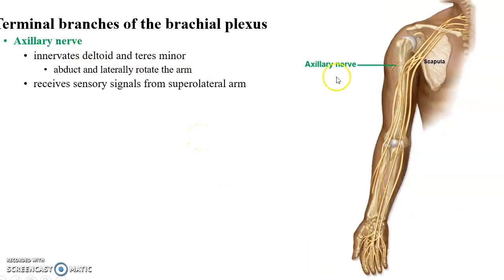So the axillary nerve arrives to the armpit area and then innervates structures on the superior lateral portion of the arm, including the skin and deltoid and teres minor muscles.